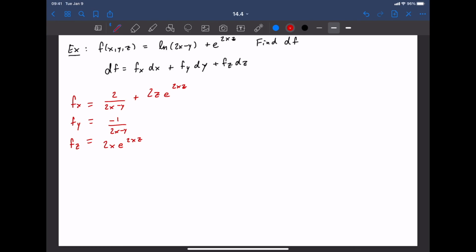Okay, not so bad. Putting that all together gives me a differential that looks kind of ugly at times. That's the x component. I took out the negative and moved it in front.